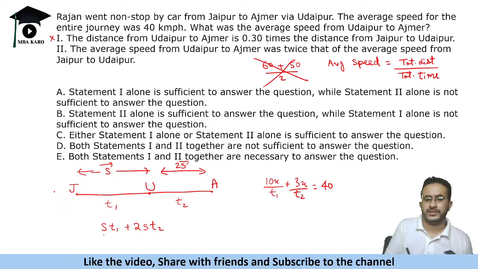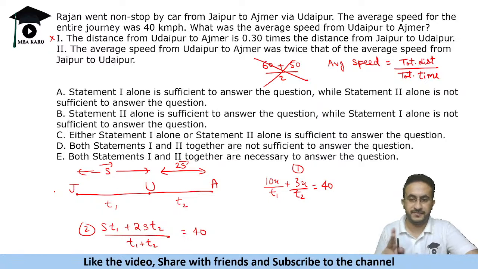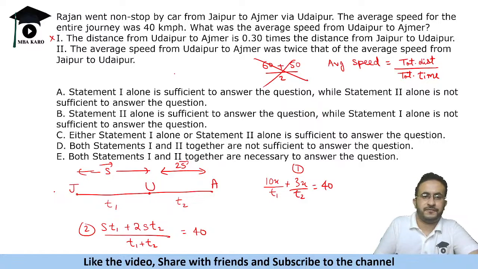So this is the total distance. Total time is t1 plus t2, right? This is 40. This came from the first equation, and this from the second. So from this we will get an equation in t1 and t2. Two variables t1 and t2, we cannot find using this statement alone either.